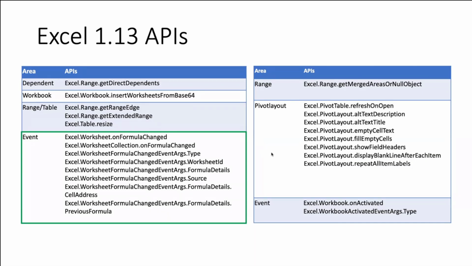So I would like to learn your feedback. Which do you prefer? If you have some feedback, please let me know which is a better way for you for this API.